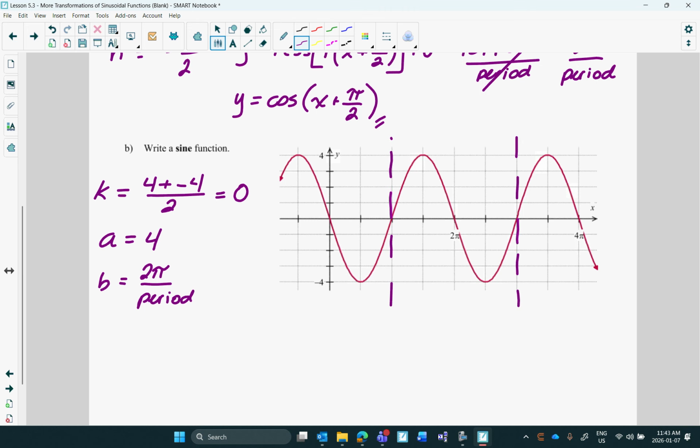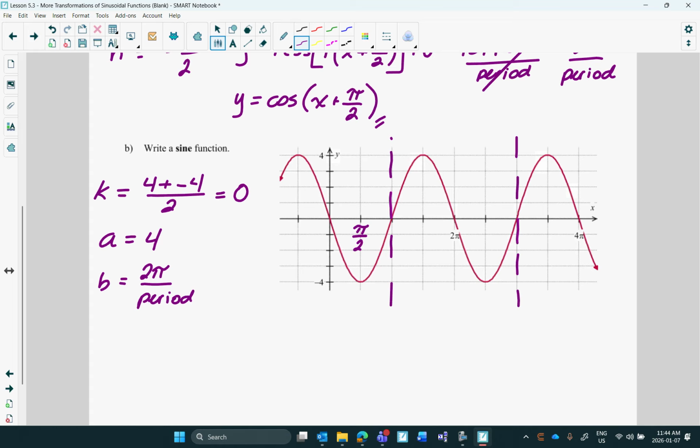So how many notches does it take to complete a cycle? 1, 2, 3, 4. What's the value of 1 notch? Well, if 4 notches is 2 pi, wouldn't this be 2 pi divided by 4, which is pi over 2? 1 notch is pi over 2. That's how you find it.